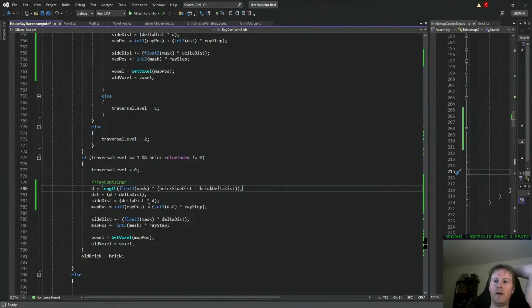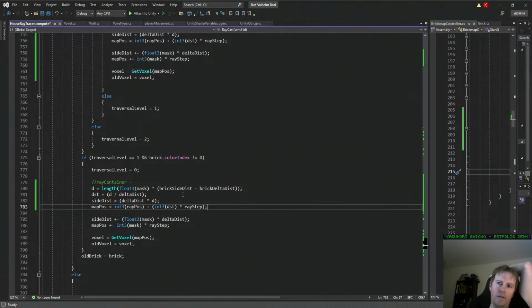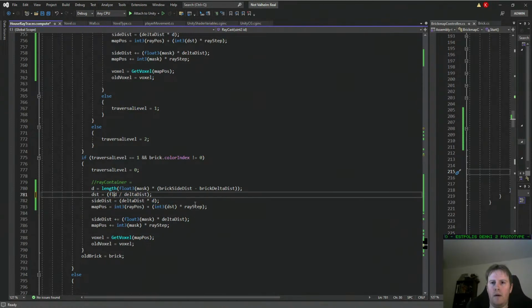Maybe the map position here is wrong now. Like the D divided by delta dist. Yeah, because what if we do this?